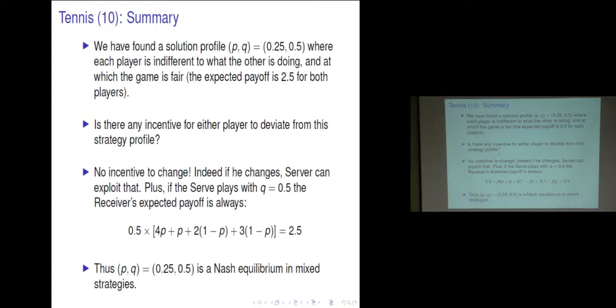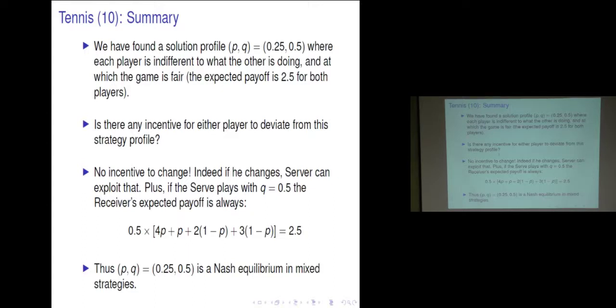It doesn't tell you on each particular game what he or she has to do. But you see all these expectations, it's like you play the game over and over again. The two players always play this, and then in the long run, what do you get? So this P and Q is very vague.